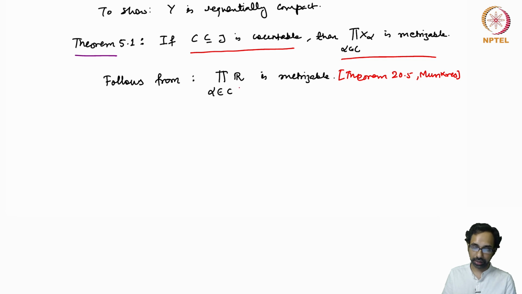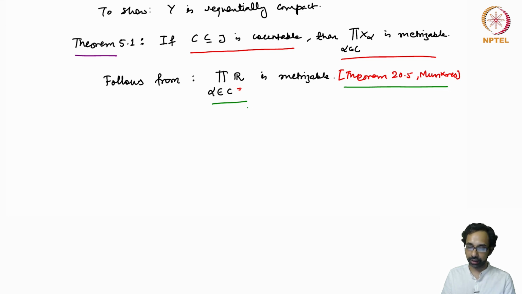And this result follows from the corresponding result for when each X alpha is R, and we know from a theorem in Munkres's book, which is theorem 20.5 in my edition, that this countable product of R's is metrizable.